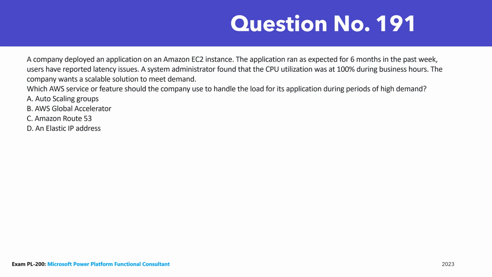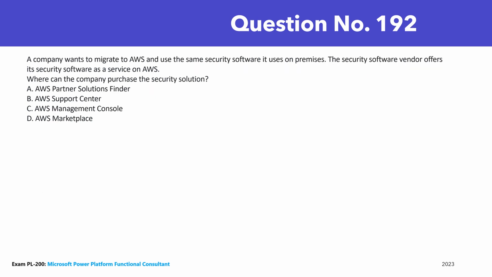Which AWS service or feature should the company use to handle the load for its application during periods of high demand? A. Auto-scaling groups. B. AWS Global Accelerator. C. Amazon Route 53. D. An elastic IP address. Correct answer, C.